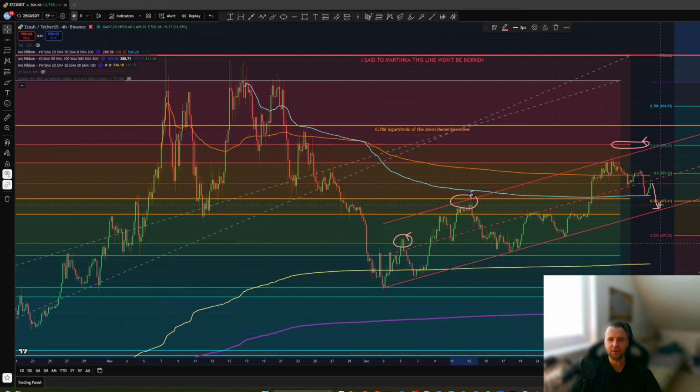And then from around 477, we are talking about going at the very least to 580. And that, my dear friends, is a move of 22%, and this is going to happen quickly, in a matter of days, probably. 22% in a matter of days. No other crypto can reliably give you that.